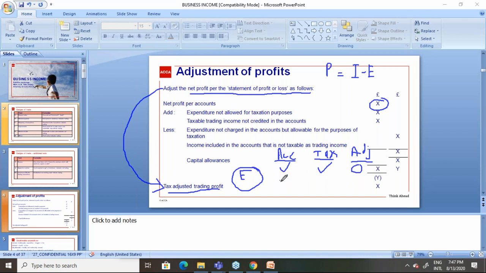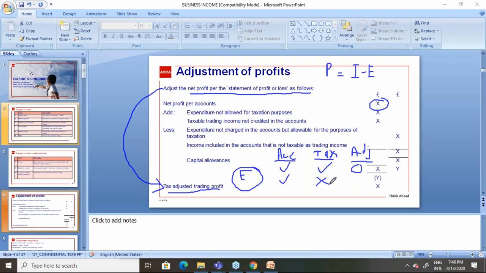But there are certain expenditures allowed in accounting but not allowed in taxation. The best example that I can give you is depreciation. It's an expenditure recognized in accounting but not acceptable in taxation.